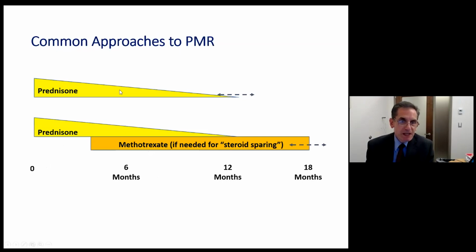Common approaches to PMR include the use of prednisone, starting at 10 to 20 milligrams daily, and then tapering slowly for up to a year or more. And then the alternatives are to use a steroid-sparing agent at some point, including methotrexate or other agents in patients who have trouble tapering off of steroids despite their use.